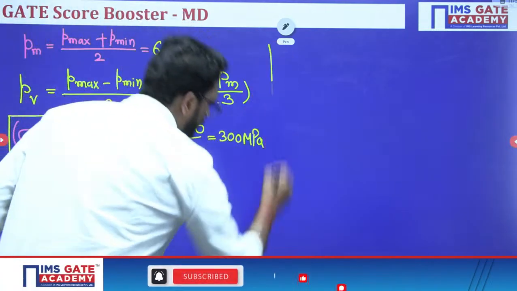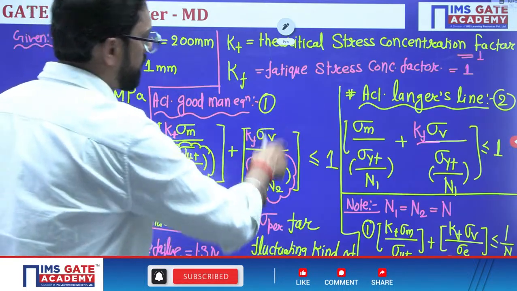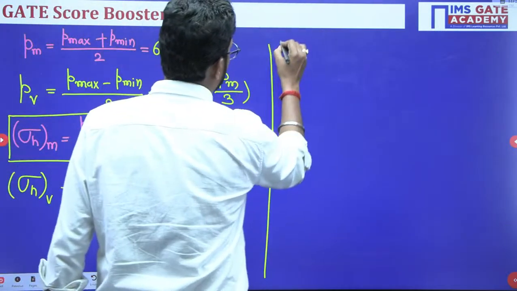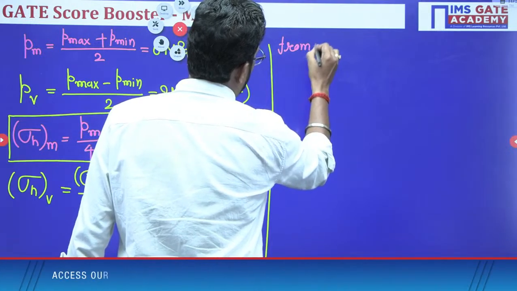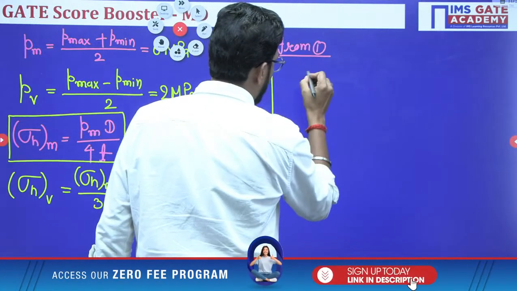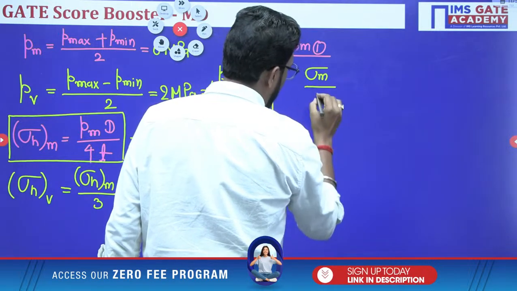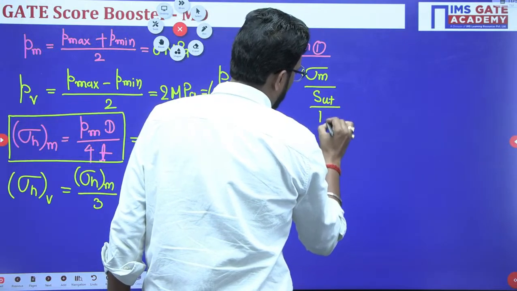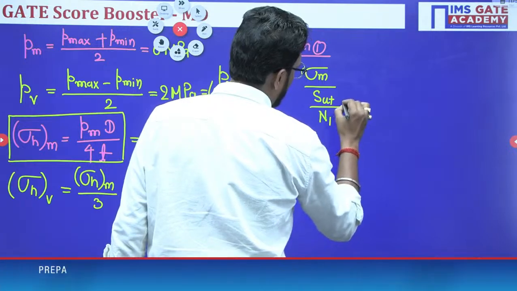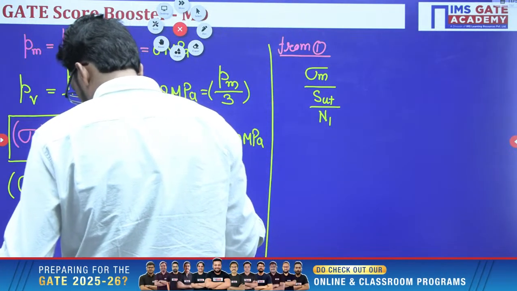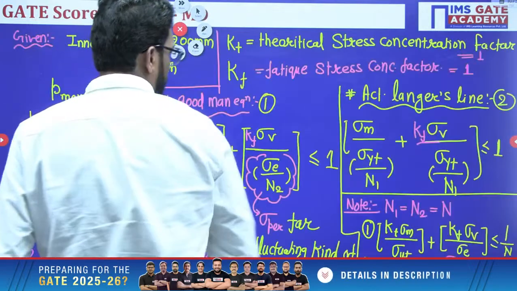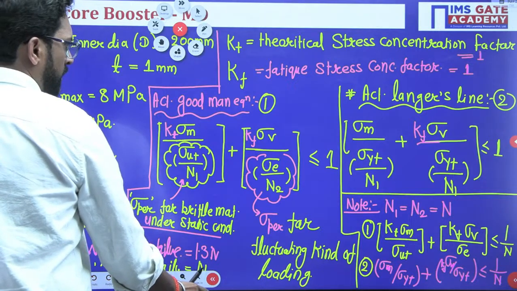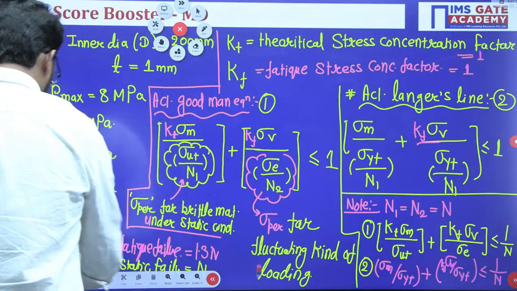Now, let's suppose this is equation number first and this is equation number second. From the first equation: sigma m divided by S ut divided by n1, and here it is n1 and here it is n2.